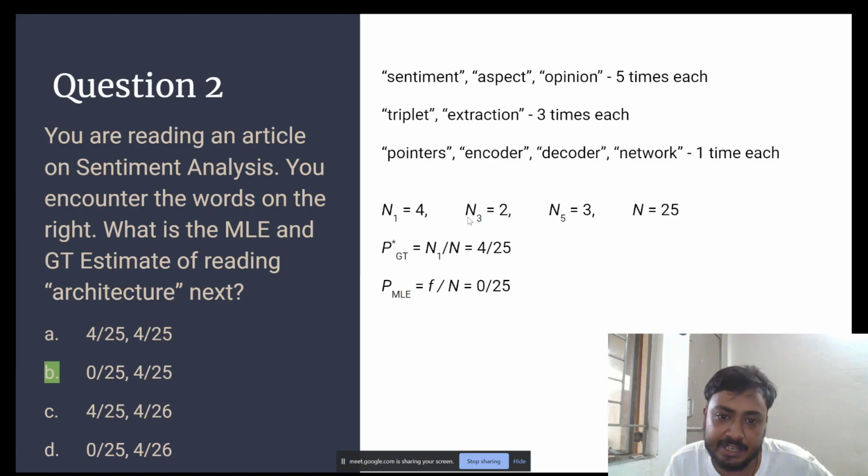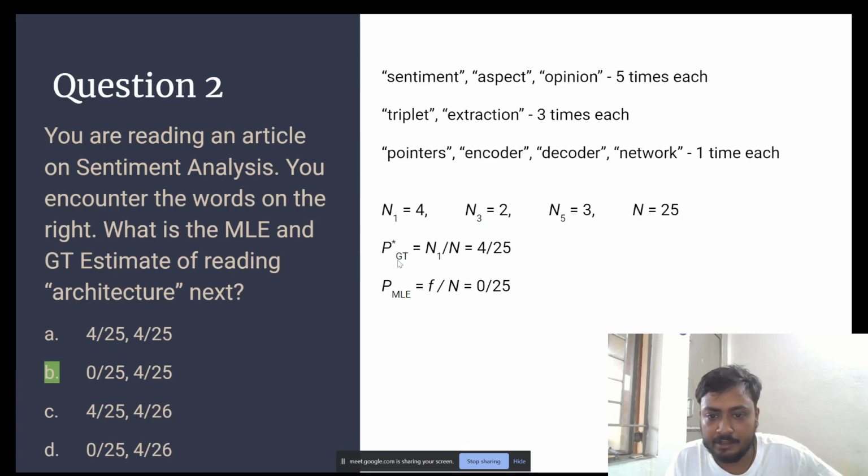Frequency of once is 4. Frequency of thrice is 2, like there are 2 words that occur 3 times. And frequency of 5: 3 words that occur 5 times. We need to calculate this first. And n is the total number of words. You have seen 25 till now, so you need to remember that it will be 25.